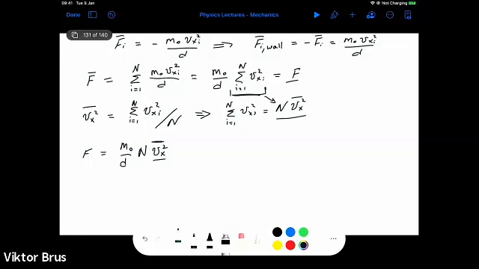For a single molecule in a three-dimensional system of coordinates, we can write that Vi square is equal to Vxi square plus Vyi square plus Vzi square.